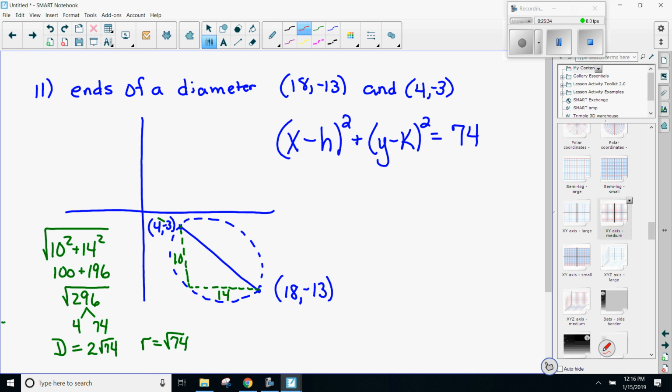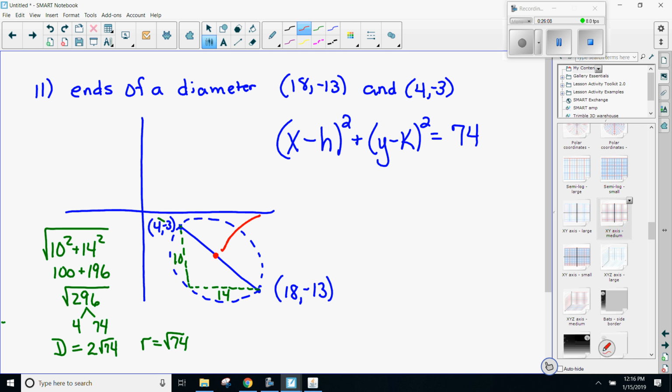To find the center of the circle, it's halfway between, right? What's finding halfway between two numbers also called? It's a midpoint, and it's also known as the average, which is the same thing as the mean. So I want to find the average, right?